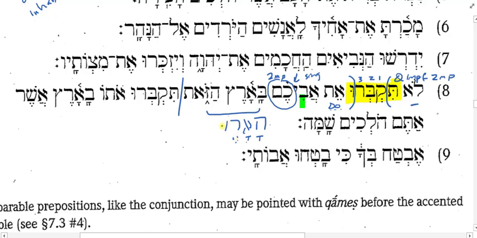What happened to the hey? It got swallowed up. Chomp, chomp, chomp by the bet. The preposition bet eats lots of hey, right? So it's in the land, hazot the this, which you now rightly want to translate as how? In this land. Okay? So you will not bury your father in this land.